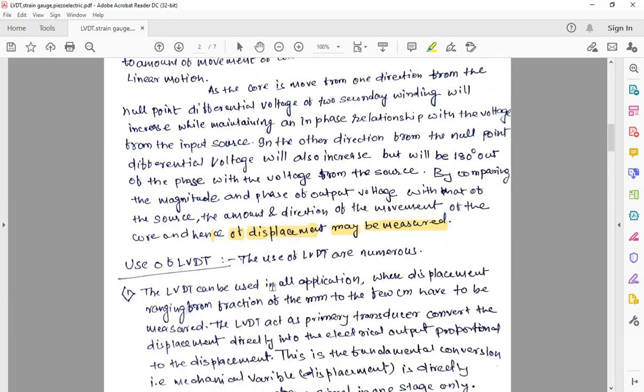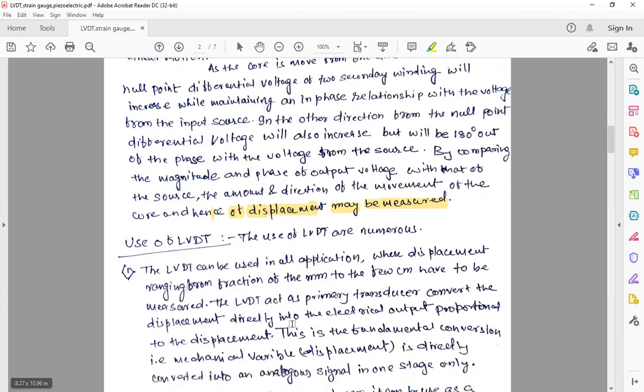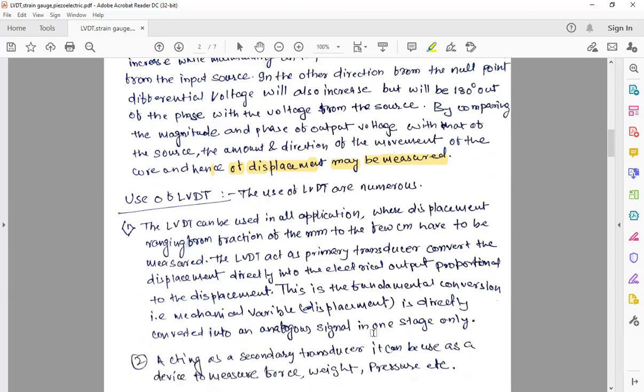First, LVDT can be used in all applications where displacement, in fractions of a millimeter to a few centimeters, has to be measured. The LVDT acts as a primary transducer that converts displacement directly into an electrical output proportional to the displacement.